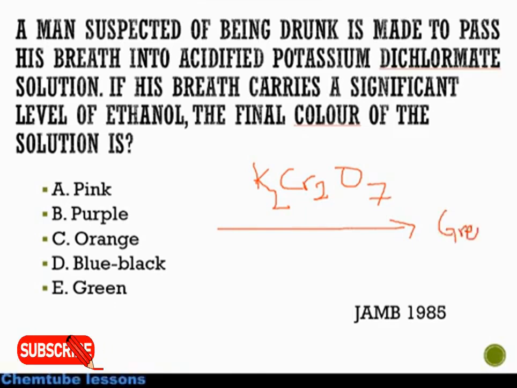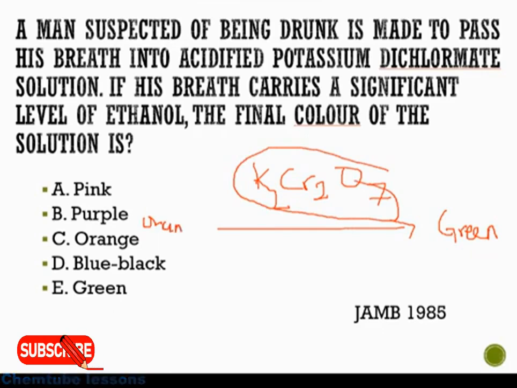The color of potassium dichromate is actually orange. So when you pass ethanol through this compound, it will undergo a redox reaction and then it will become green. So let's go to the next question.